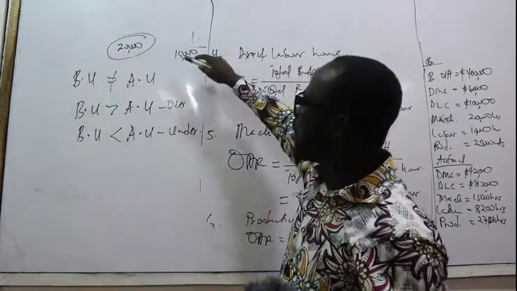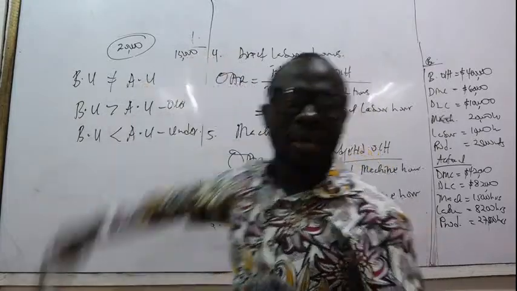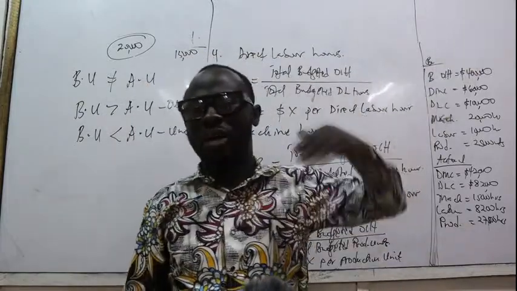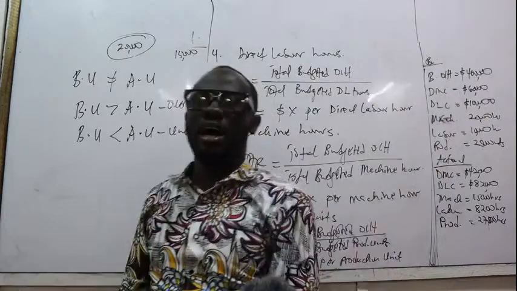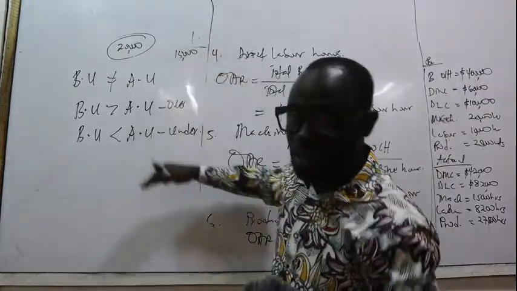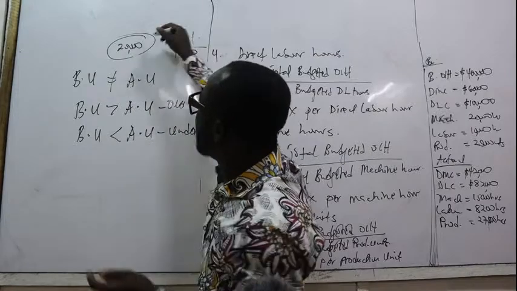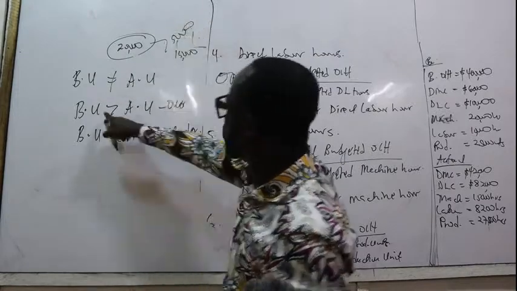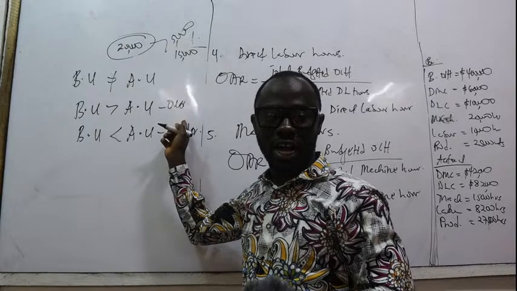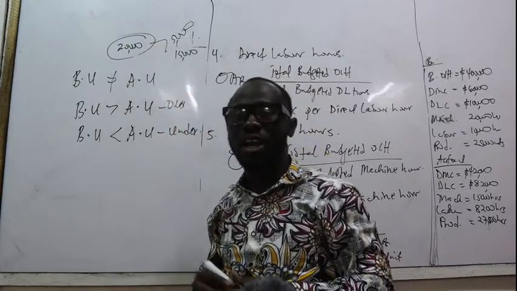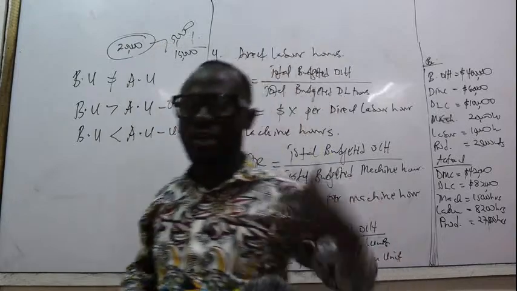Now that they have produced only 15,000, it means they have charged more than they are supposed to. Hence, we need to reduce it. So the difference of 5,000 will result in over absorption of overheads. And that 5,000 will be multiplied by the overhead absorption rate.